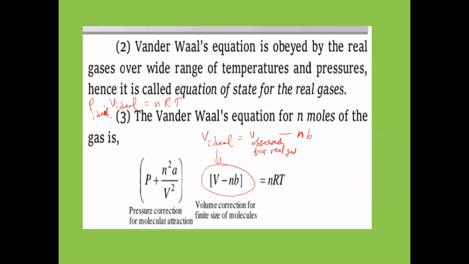So PV is equal to nRT, the ideal gas equation.